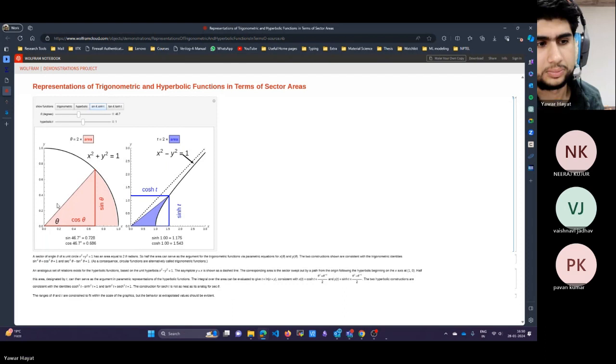So in the beginning of the lecture, I mentioned that these circular trigonometric functions and hyperbolic trigonometric functions can be defined using the circle and hyperbola. This is basically the illustration of that. See the theta.